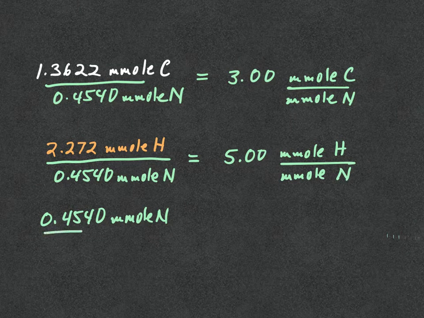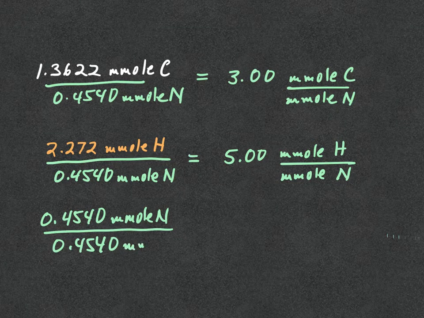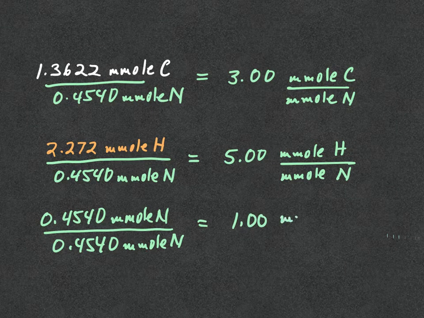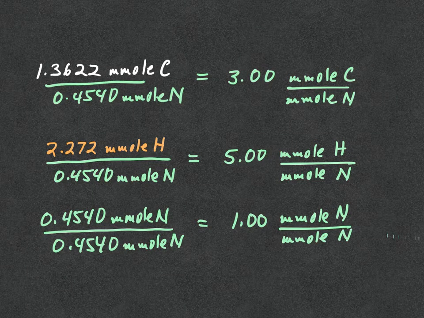And then, of course, if we divide this by itself, we get 1 millimole of nitrogen per millimole of nitrogen. Well, now we have nice, simple, whole numbers.